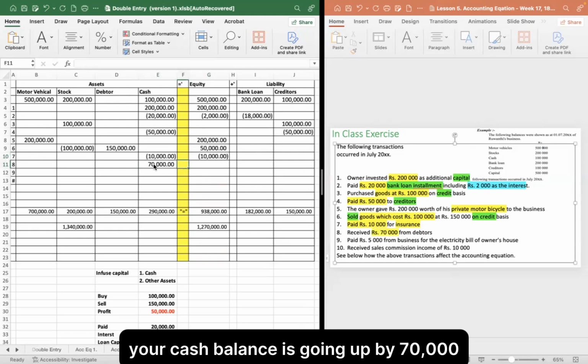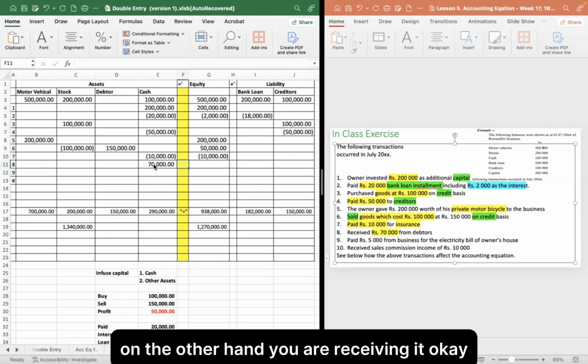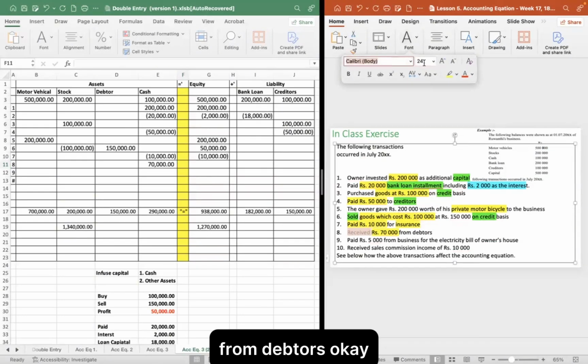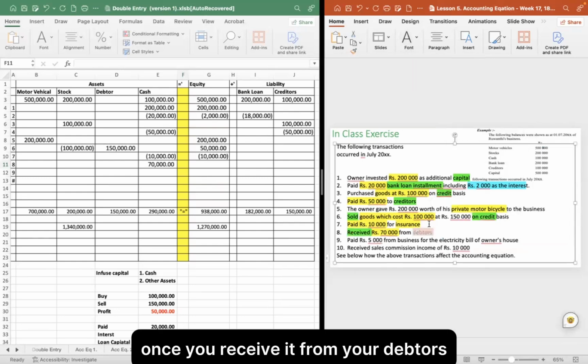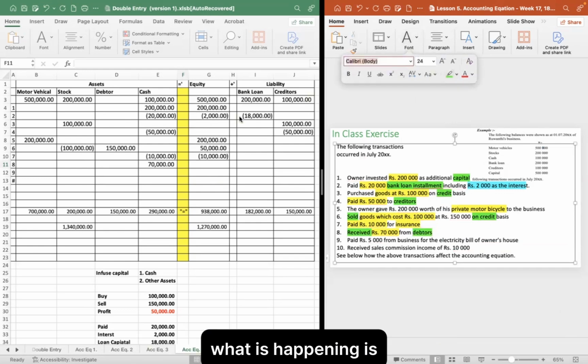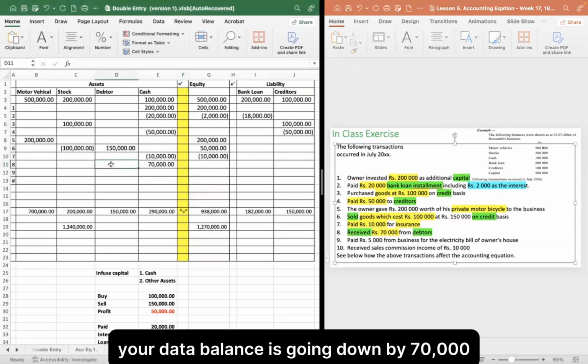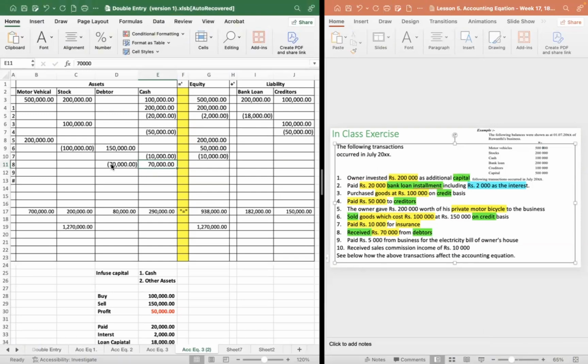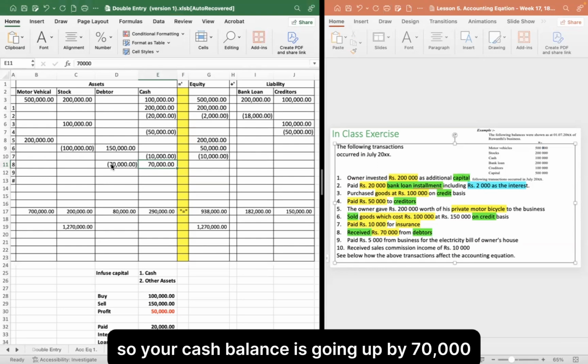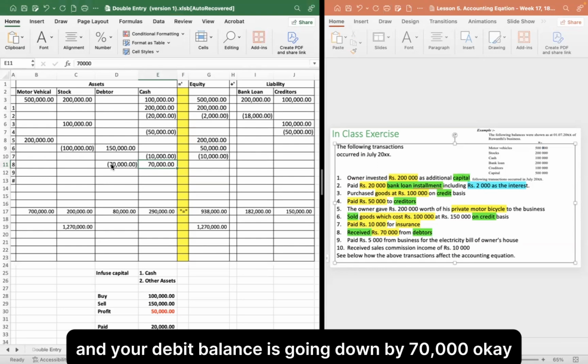You have received it from debtors, and once you receive it from your debtors, your debtor balance is going down by 70,000. So your cash balance is going up by 70,000 and your debtor balance is going down by 70,000.